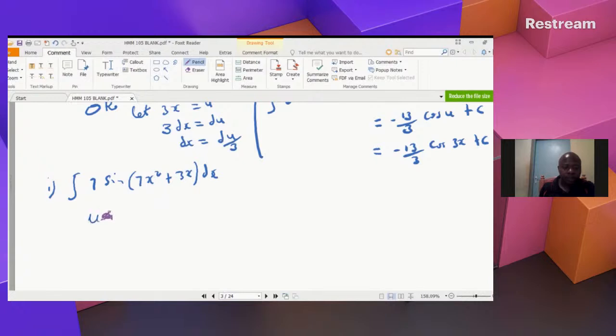So to say let 7x squared plus 3x be u. So when you differentiate the left side, you would have 14x plus 3.